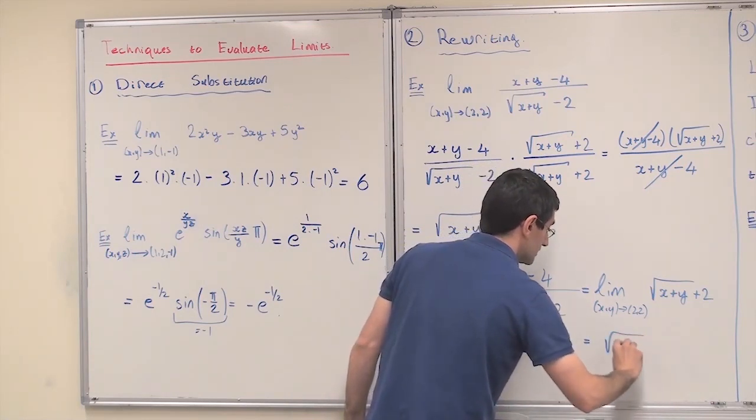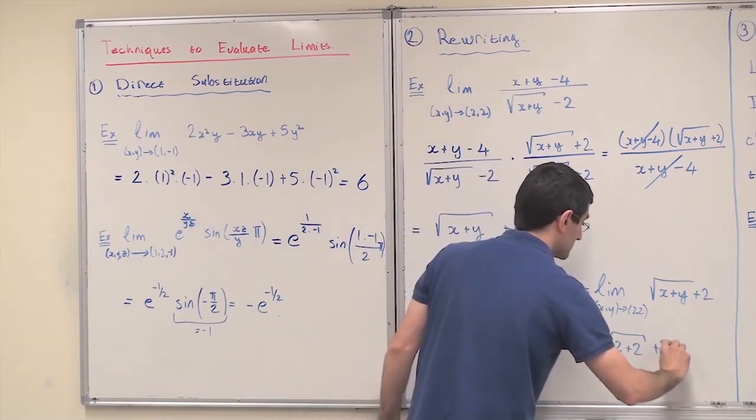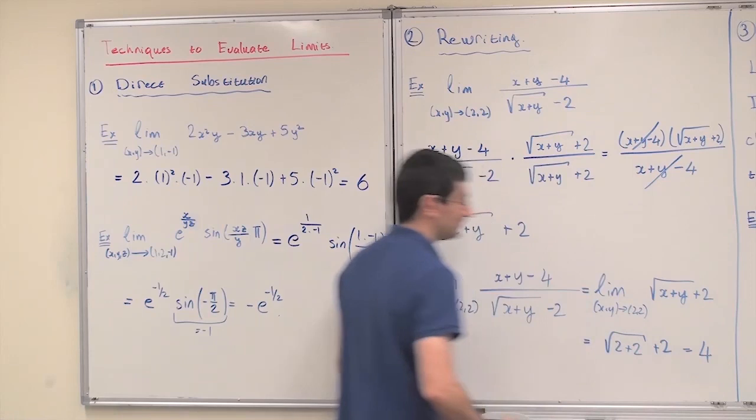So it's 2 plus 2 inside the square root, and then plus another 2, which is 4.